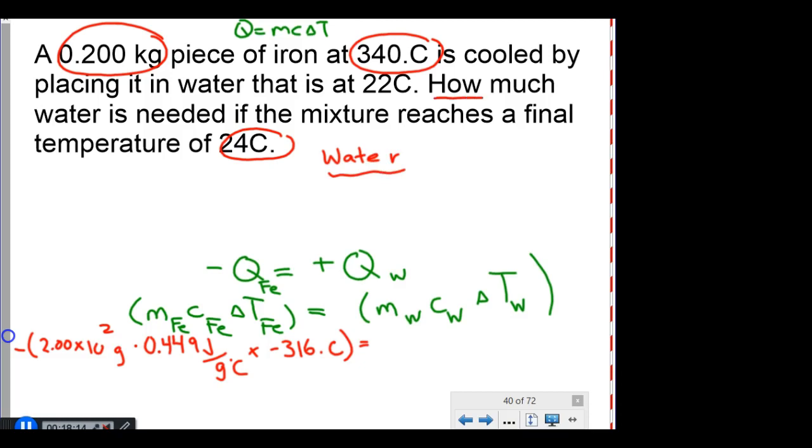How much water? Are we going to end up calculating M, C, or delta T if it's asking us how much water? So we don't know what that's going to be. It does not tell us about the specific heat capacity of water. Ah, good, and you're on the correct side. You can look all you want on the front side. You're not going to find water because this is all the elements.